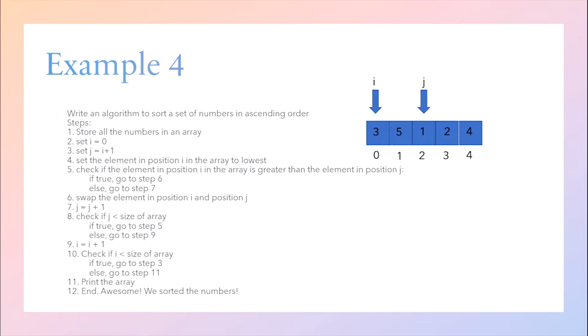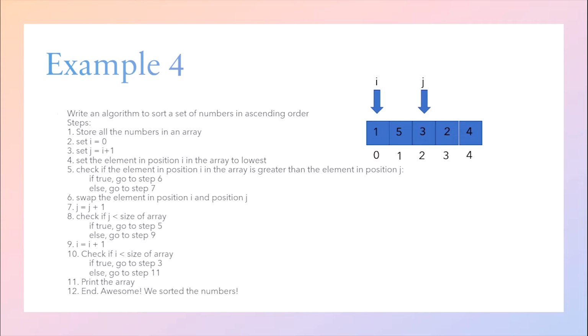So because that's true, because j equals 2 is smaller than 5, we go back to step 5 and we check if 3 is greater than 1. And 3 is in fact greater than 1, so because that statement in step 5 is true, we go to step 6, which tells us to swap the elements in position i and position j.